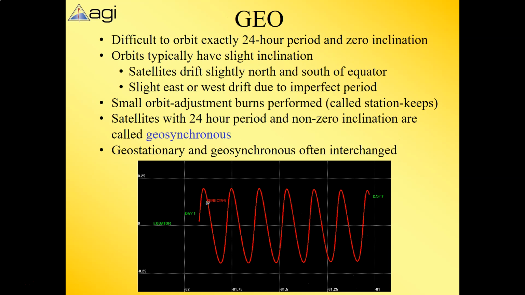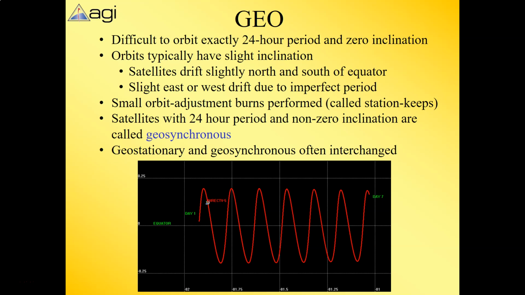It's difficult to orbit exactly in a 24-hour period at 0 inclination. They typically have a slight inclination, and this is why if you look at a true picture of it, you're going to see that this band isn't a single line, but rather a little bit thick.